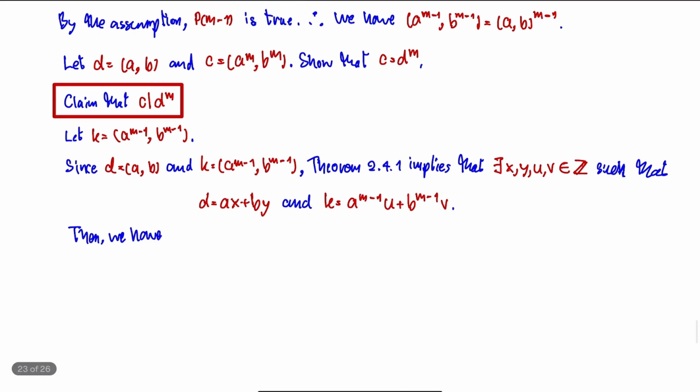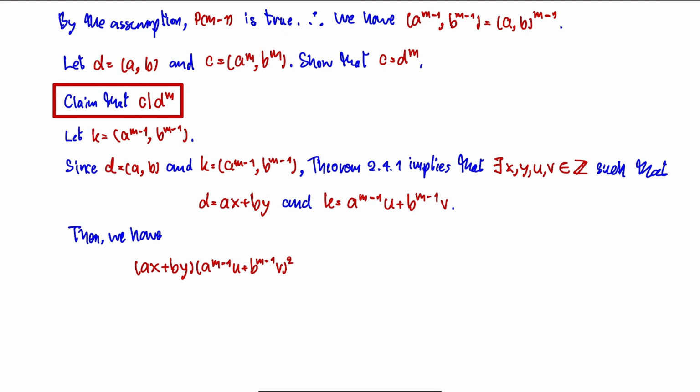Let's write ax plus by times K, which is a to the m minus 1 u plus b raised to the m minus 1 v, and square.